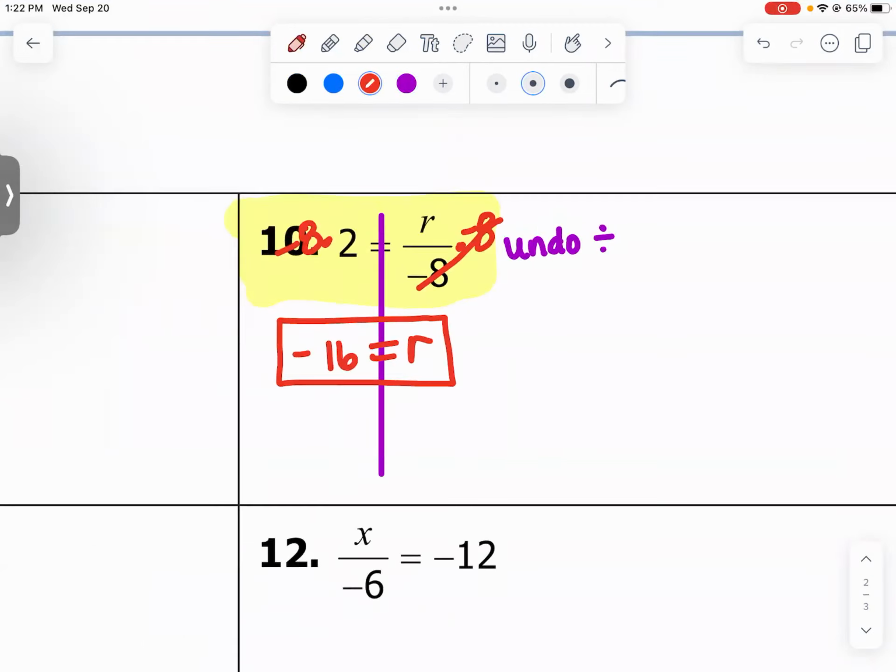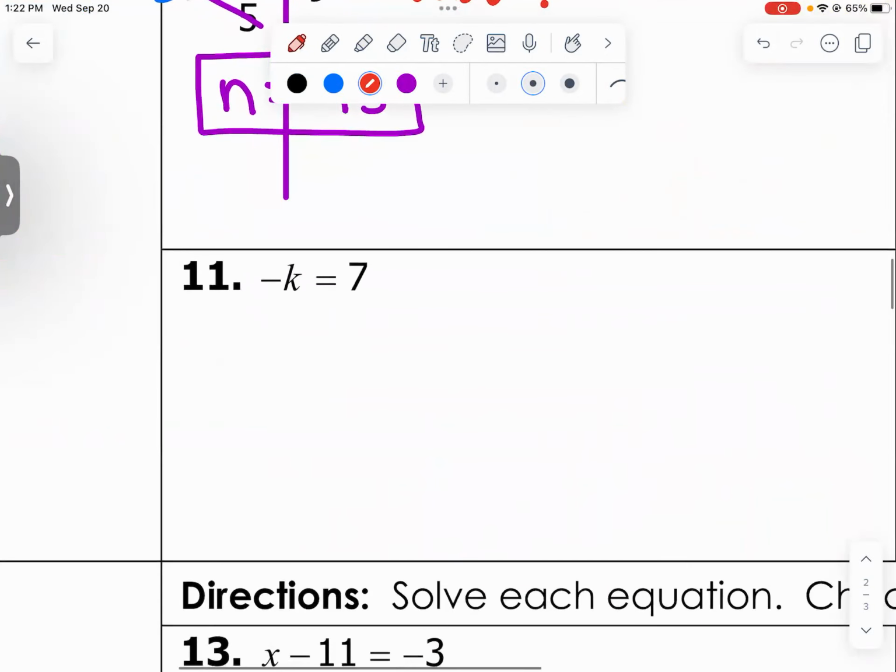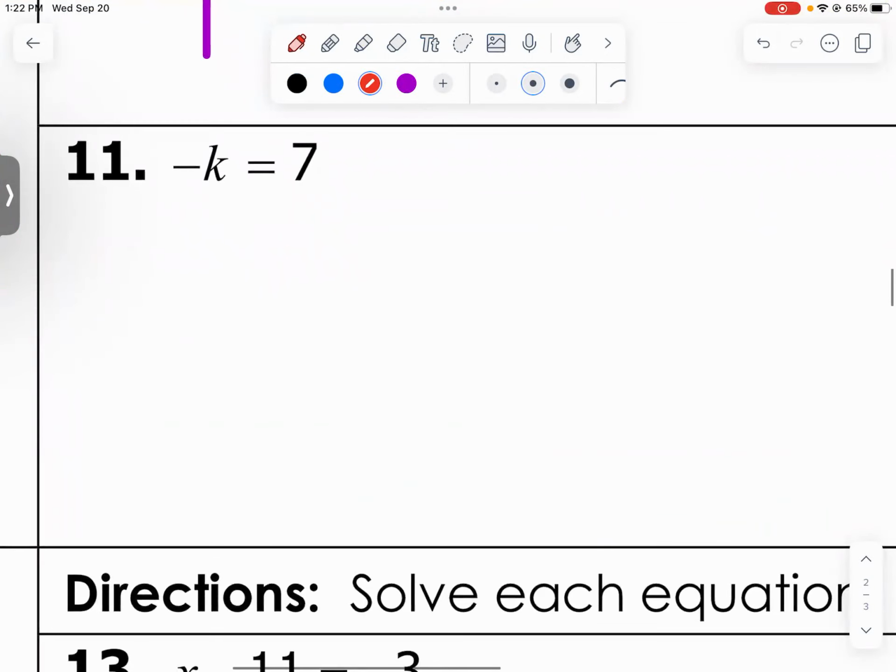Okay, now I want to look at number 11. Reagan, do you have an idea? I wouldn't say that we're gonna like replace the K. Okay, so Reagan is saying that this is a variable.